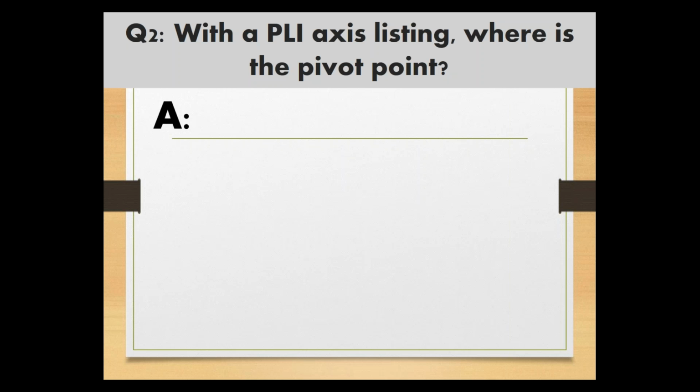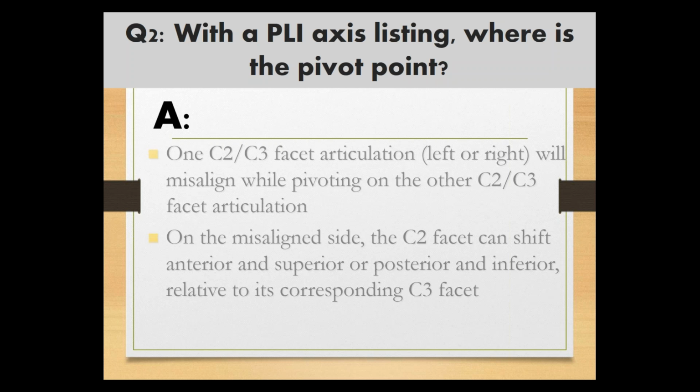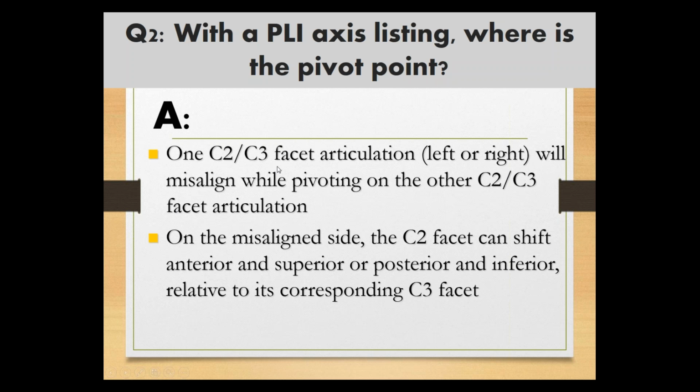So with the PLI axis listing, where is the pivot point? And this is what we're getting into a little bit more, is this week is the PLI, or the axis listings. But so what we want to understand, the C2, C3 facet articulation on the left or right, it's going to misalign, and then the other side's going to pivot.